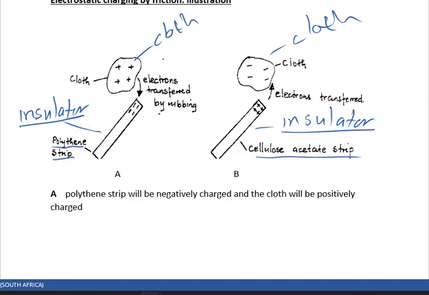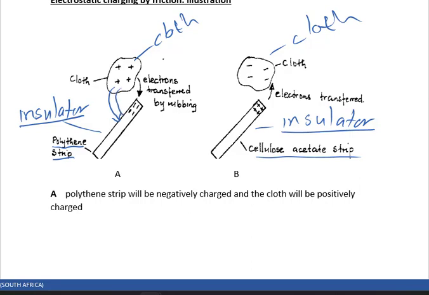So let's talk about the polythene strip first. When we rub the polythene strip with a cloth, what do we have? We have electrons being transferred from the cloth to the polythene strip.